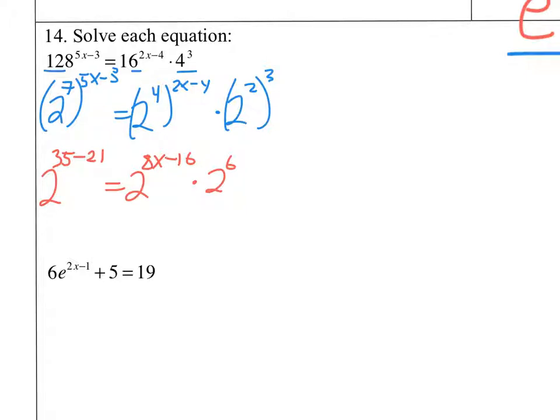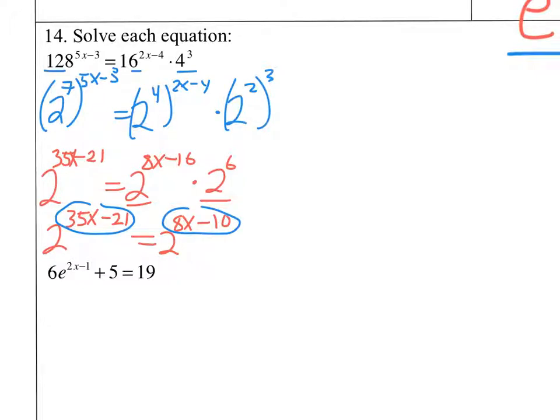I might further simplify that if I realize that when I'm multiplying two things with the same base, I'm going to add those exponents. So we've got 2 to the 35x minus 21 is equal to 2 to the 8x minus 16 plus 6, which is negative 10. At this point, I have my bases the same.